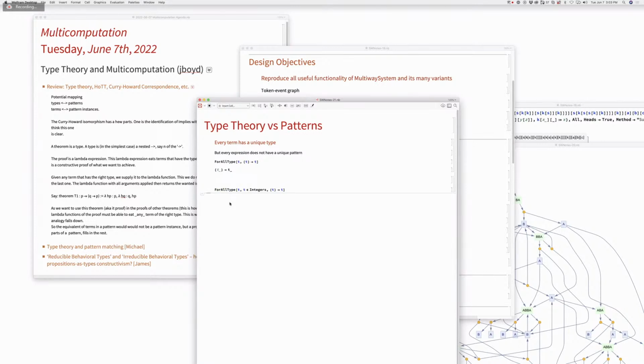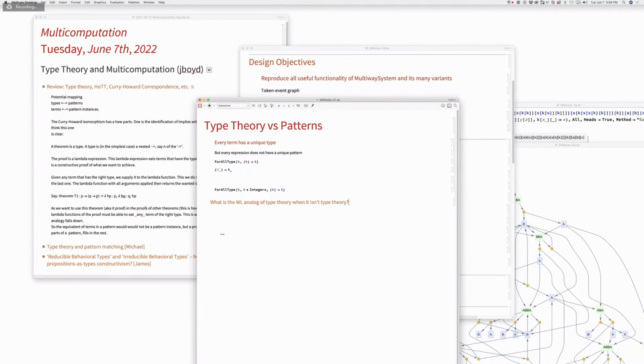Because the real question here is how equivalent or not is type theory to dealing with patterns. The correspondence, one hypothesis about, look, what is the Wolfram Language analog of type theory when it isn't type theory? If that makes sense.